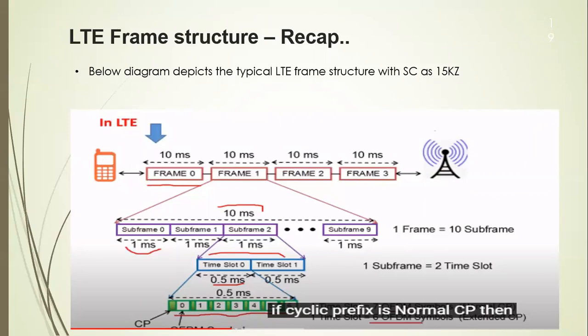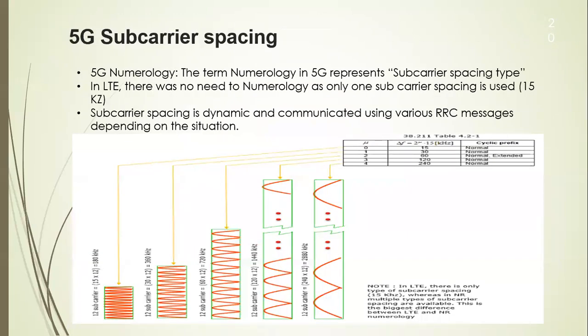And each slot can accommodate 7 or 6 OFDM symbols. So as I said earlier, this frame length is same in 5G. It is also 10 milliseconds. Subframe is 1 millisecond. But the time slot varies. Time slot reduces based on the subcarrier spacing.